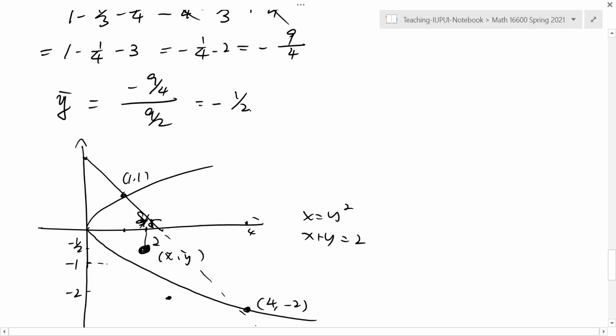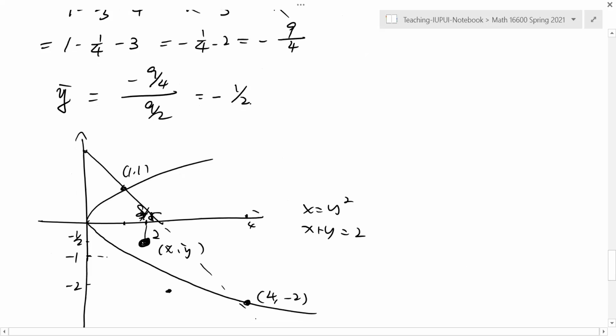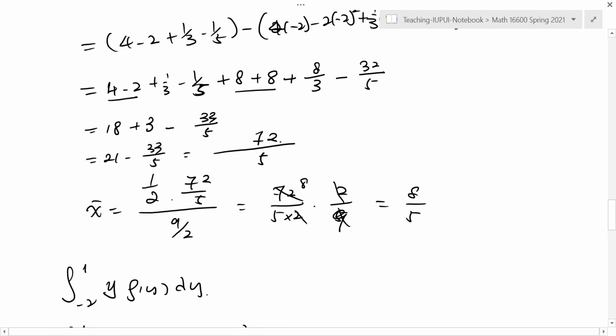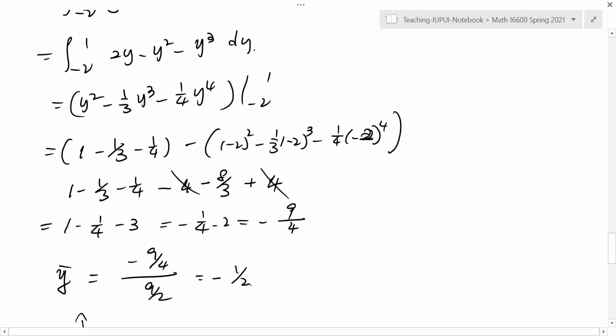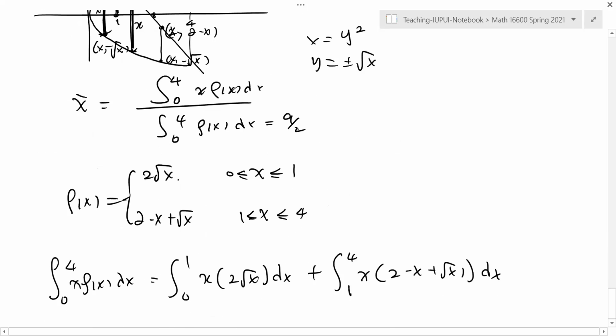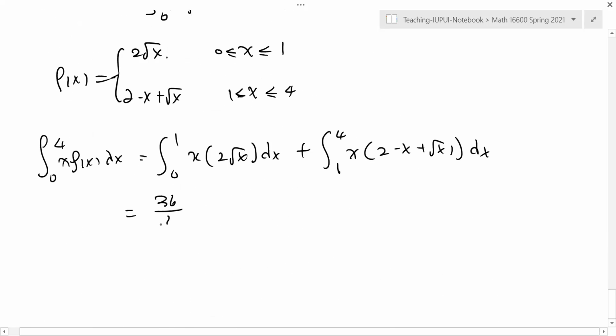We are going to find the x bar, and I'm pretty sure this gives you the same answer. It will be 36/5, I guarantee you. So x bar will be 36/5 divided by 9/2, and that will be 8/5, the same result.